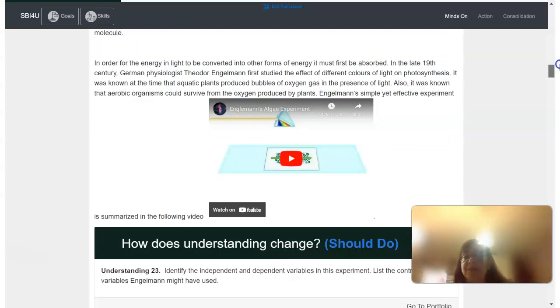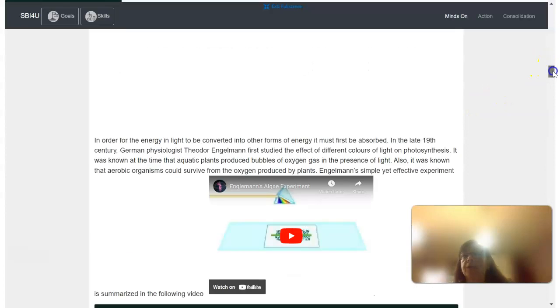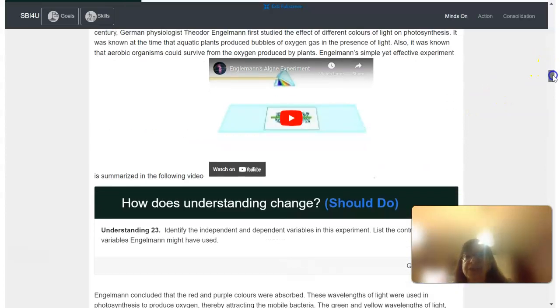Engelmann's experiment, which is this video, is a nice experiment in which the color of the light that affects photosynthesis was discovered. So Engelmann allowed light moving out of the prism, which has already refracted, dispersed into the 7 colors of the spectrum, to pass into an aquatic plant.